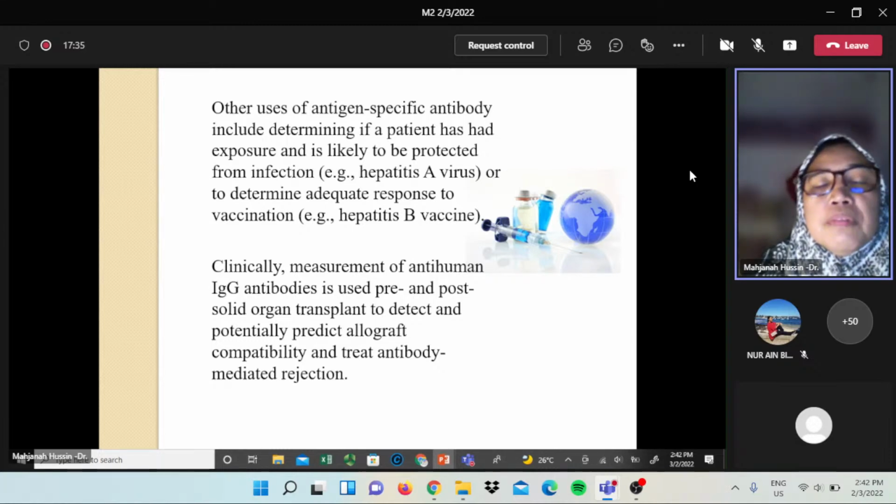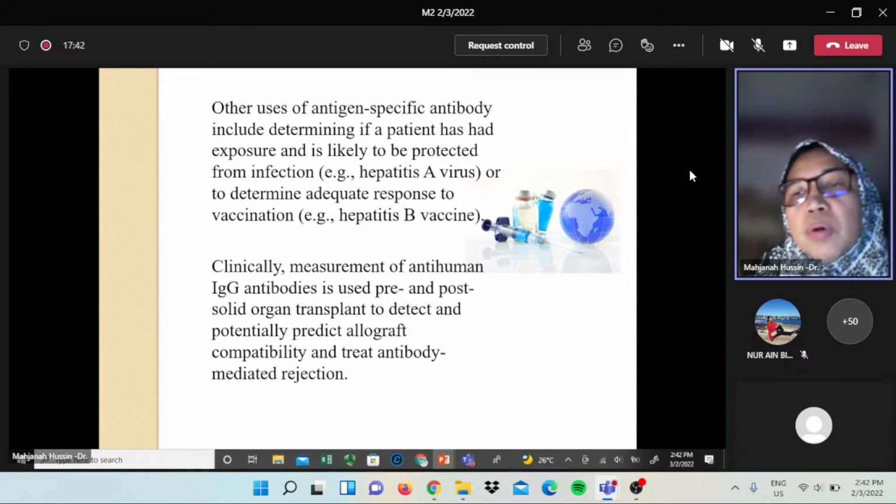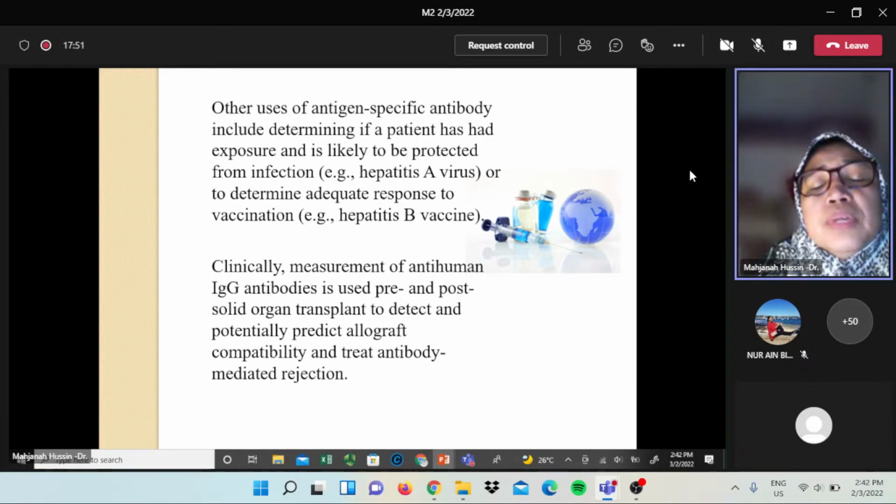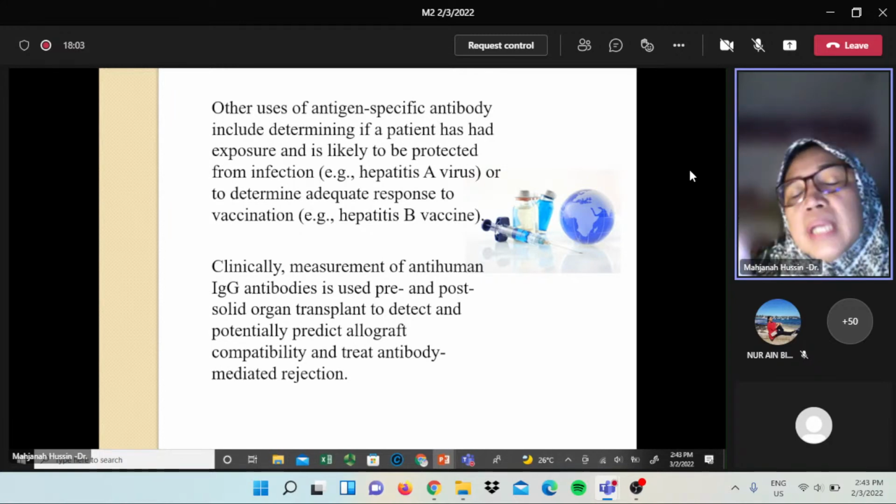But if you are given the first dose, second dose, and then everyone has to go to the hospital or clinic to see whether the antibody is high or low, it will be a lot of work. It's not really important to know how much antibody is produced after the vaccine, because remember, antibody is not the only thing that protects you from disease. You have all those types of cells. You have complements as well.